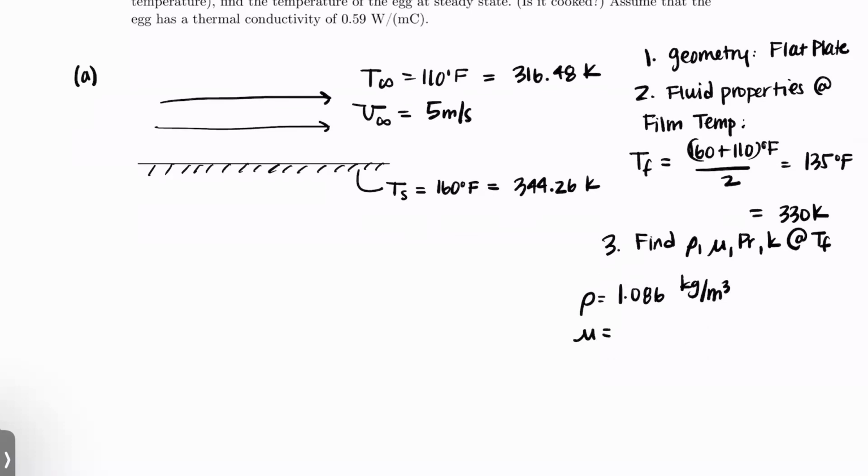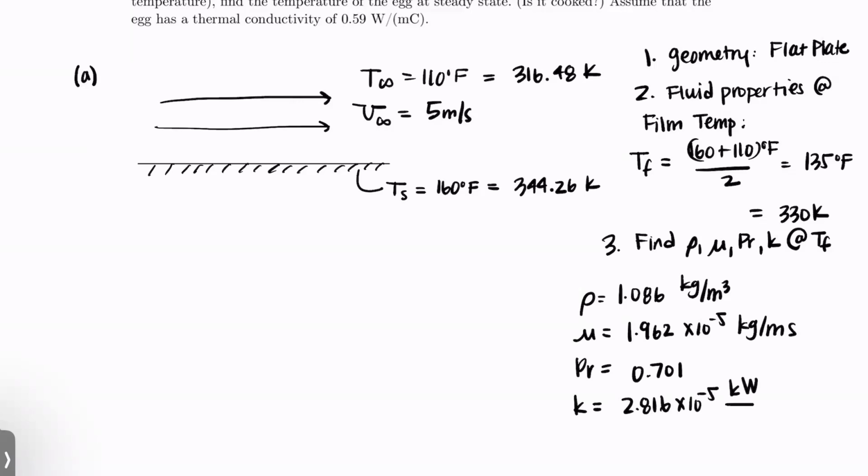Mu is 1.962 times 10 to the minus 5 kilograms per meter second. Prandtl number is 0.701. And k is 2.816 times 10 to the minus 5 kilowatts per meter Kelvin.